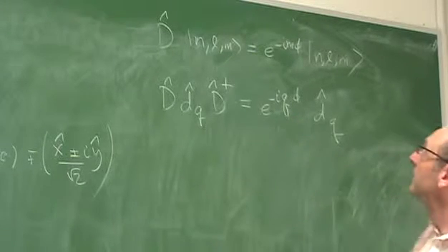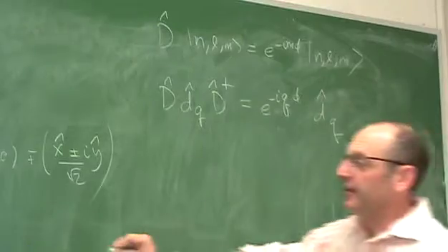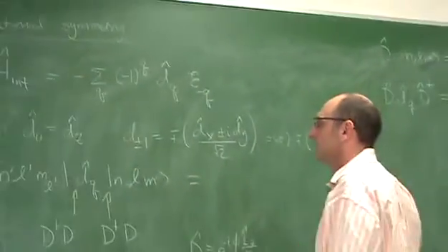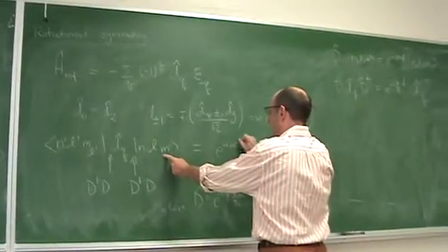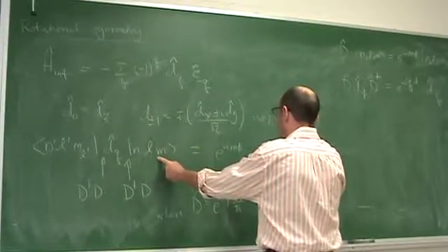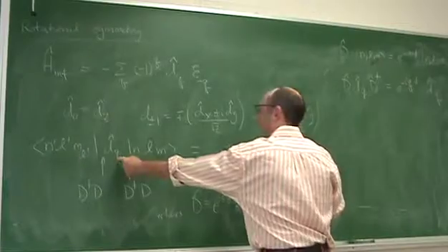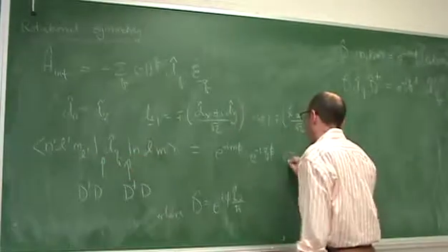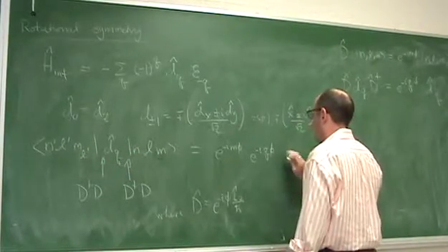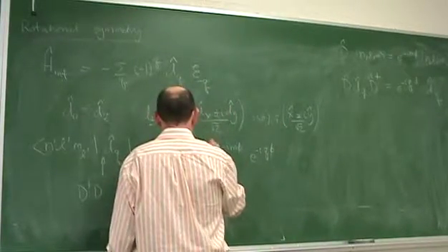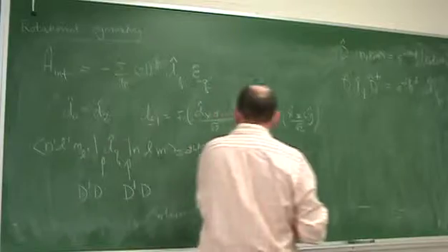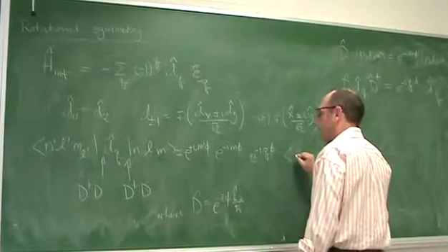So let's now put that together here. I get an e to the minus i m phi from this guy, e to the minus i q phi from this guy, and then I get the conjugate, e to the plus i m prime phi from this guy, times the same thing back.